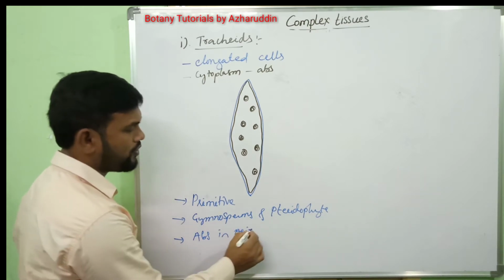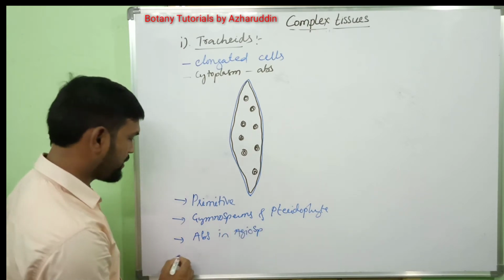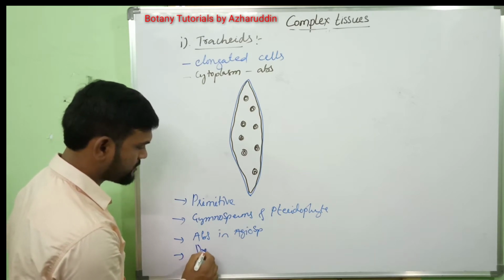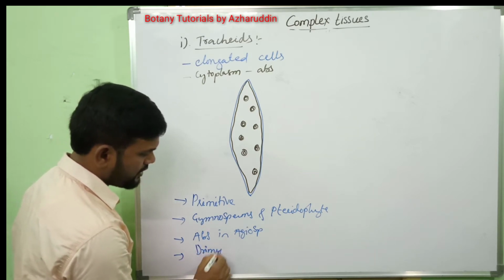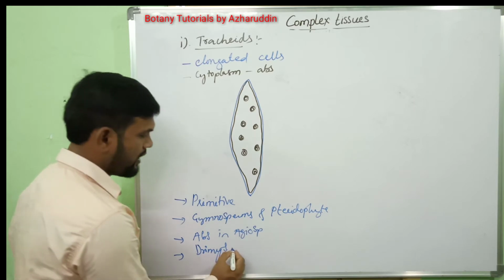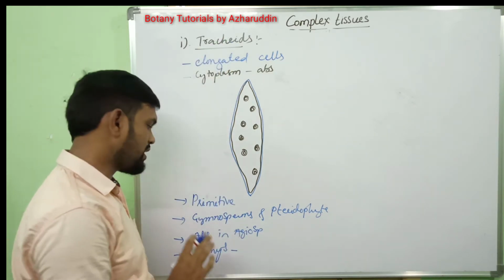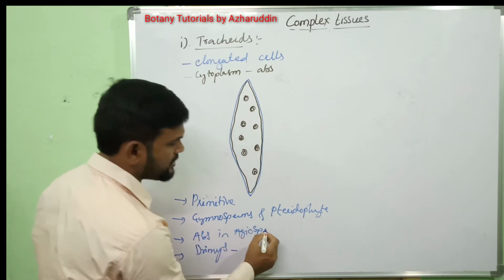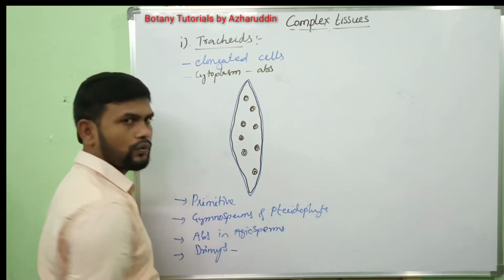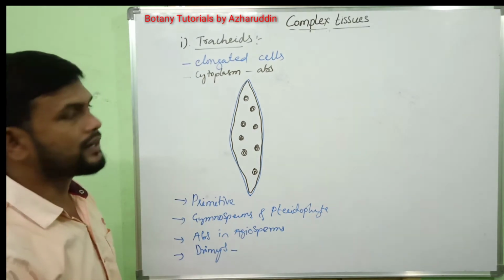Exceptionally, they are found in angiosperms like Drimys. Drimys is an angiospermic plant in which tracheids are present. Generally, they are absent in angiosperms. Okay, this is about tracheids.